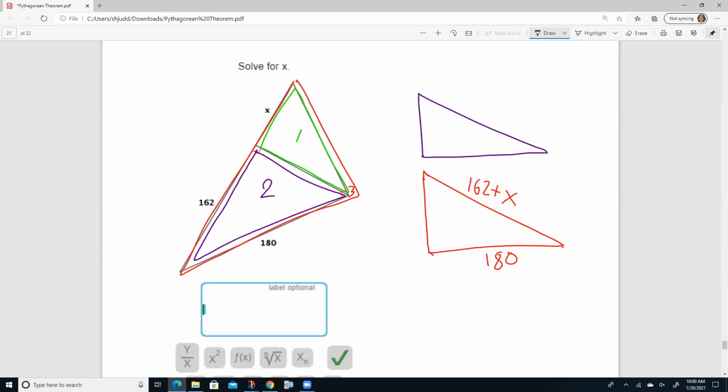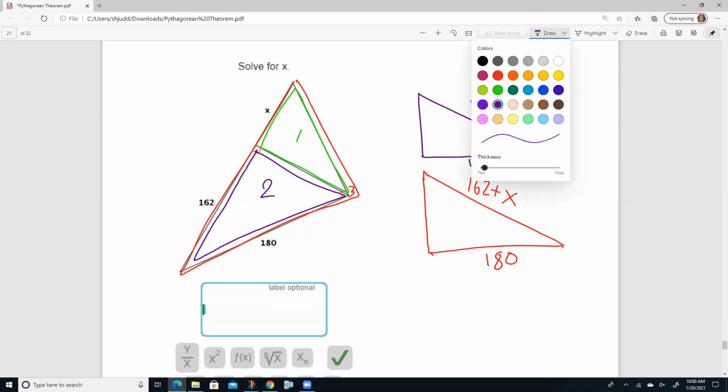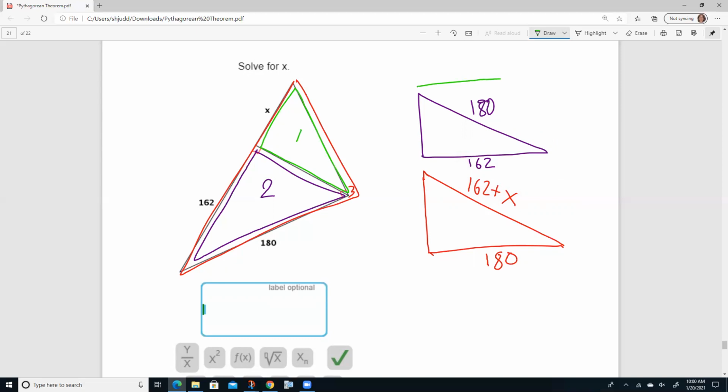What sides do I know in triangle number 2? Well, I know the hypotenuse for this one is 180, and I know that bottom leg is 162. And then finally, let's draw our tiny triangle. And I know this side is x.